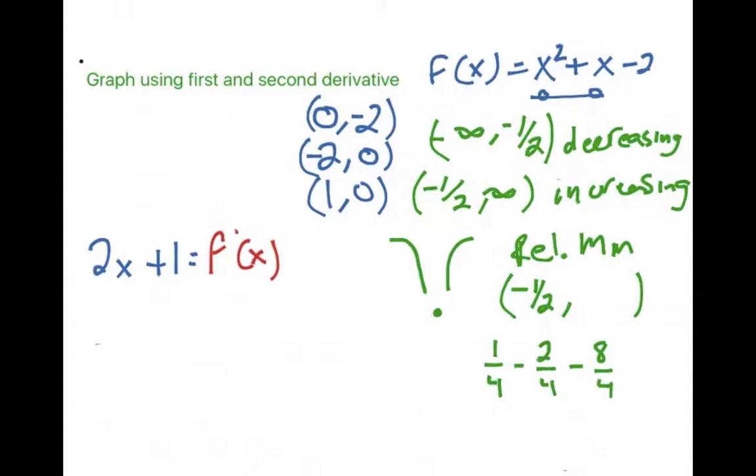Simply reducing this, it'll be negative 9 over 4, which is about negative 2¼. So let's clean up the board a little bit.